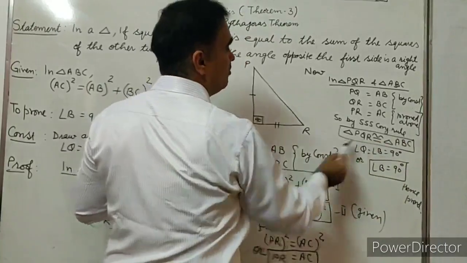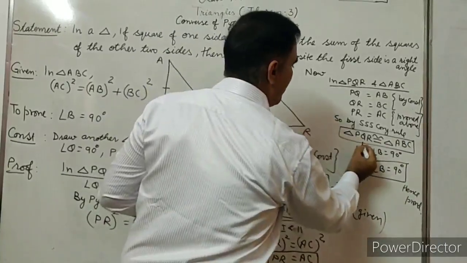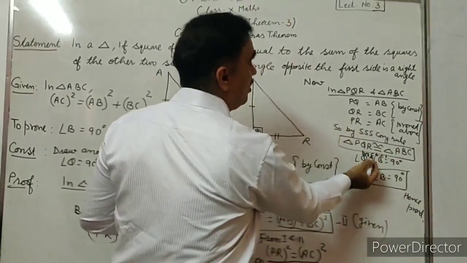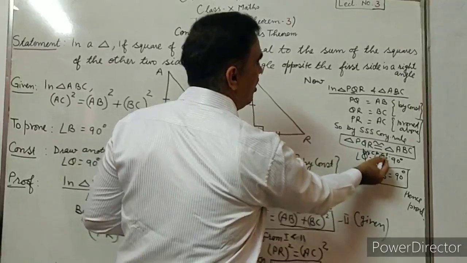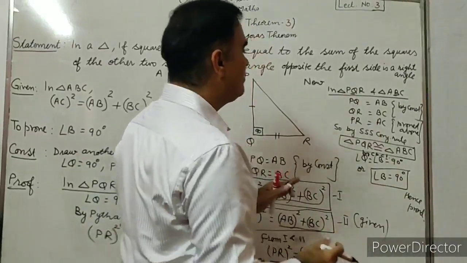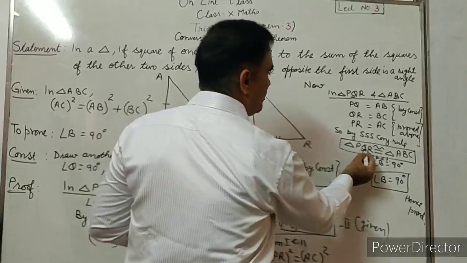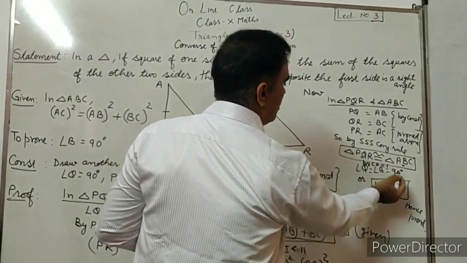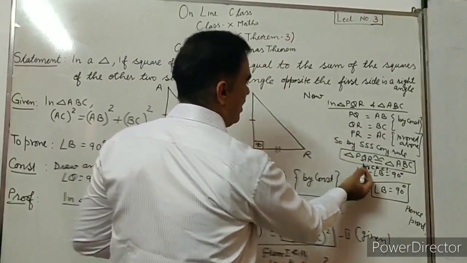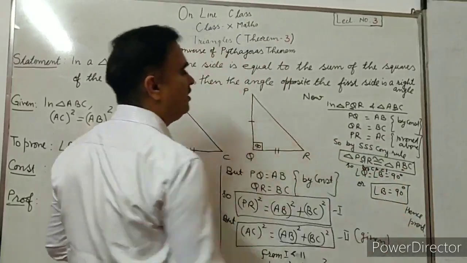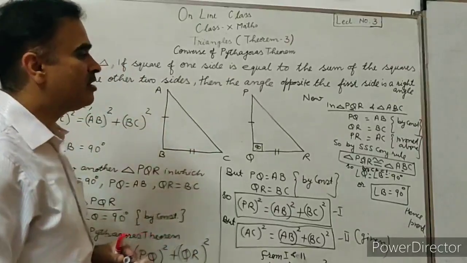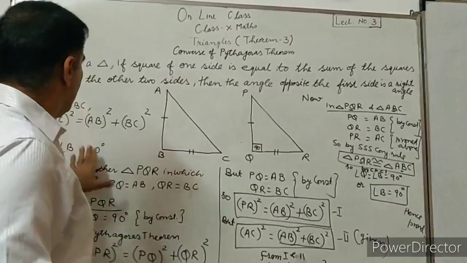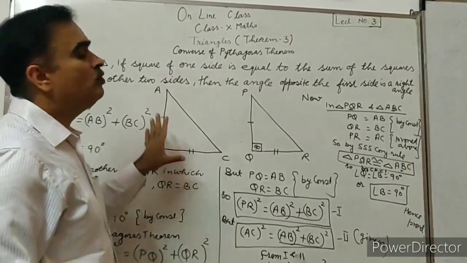So angle Q equal to angle B by CPCT, congruent parts of congruent triangles. The corresponding parts means the angles at the same position. So angle Q equal to B equal to 90 degrees. This is very important. Or we can say angle B equal to 90 degrees. This is what we were to prove.